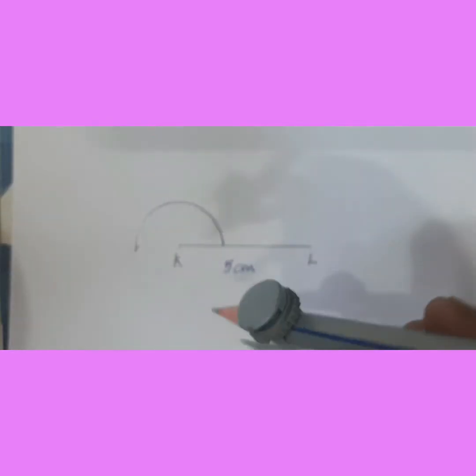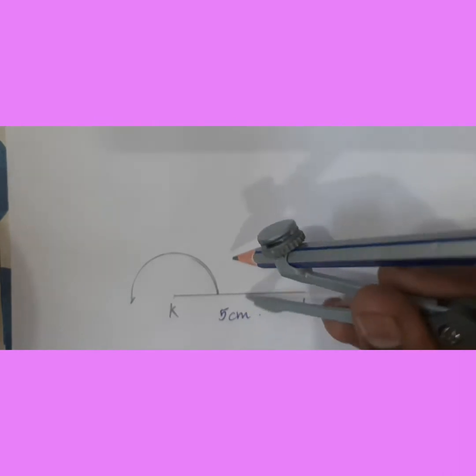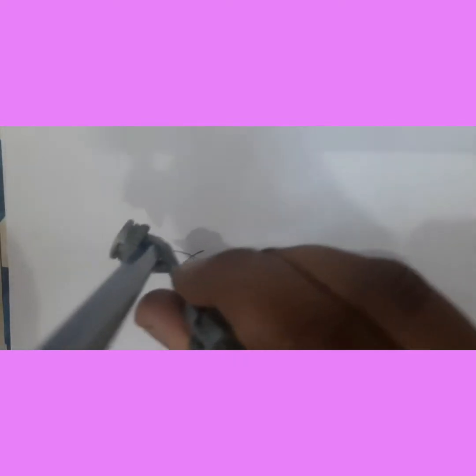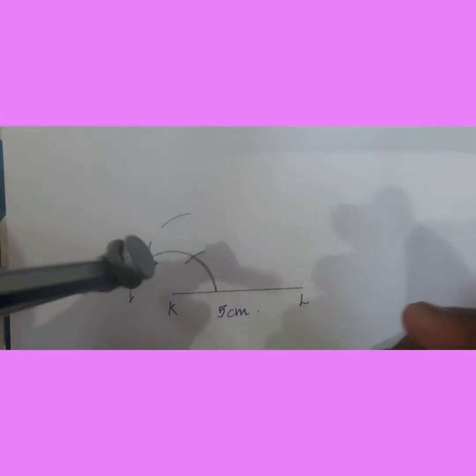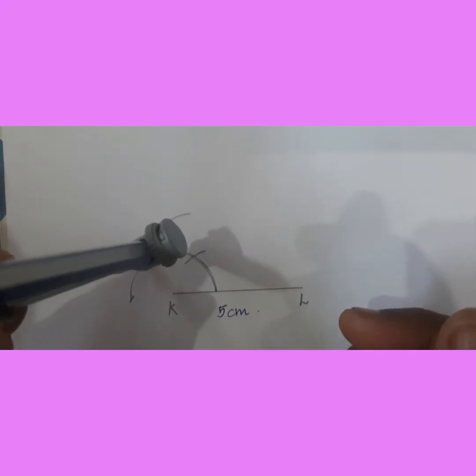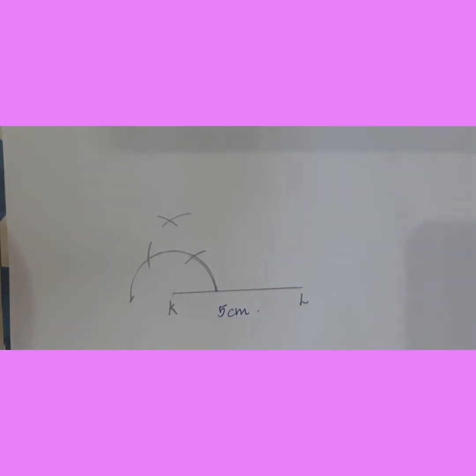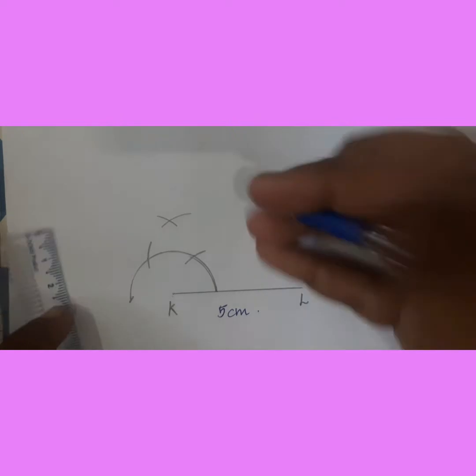Okay. So, from this intersection, first cut 60 degree, 120 degree. The bisector of 60 degree and 120 degree will give you 90 degree.